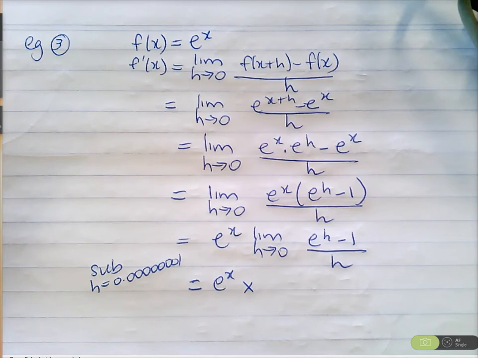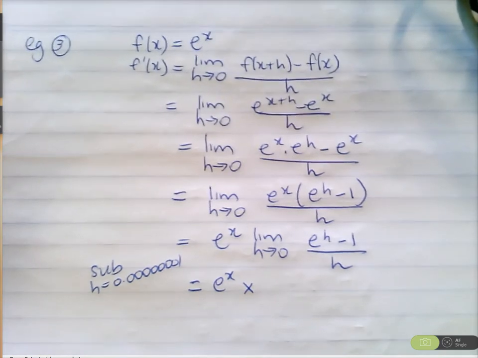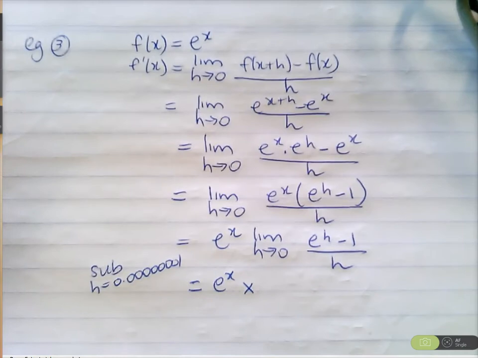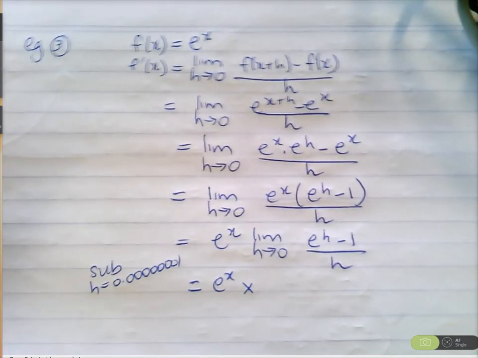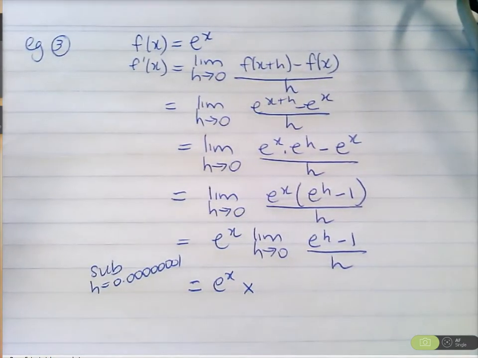And e is on top of the ln button. I'll just pause the video. So e is on top of the ln button. We're going to do e to the 0.0000001 over the h, that small h.